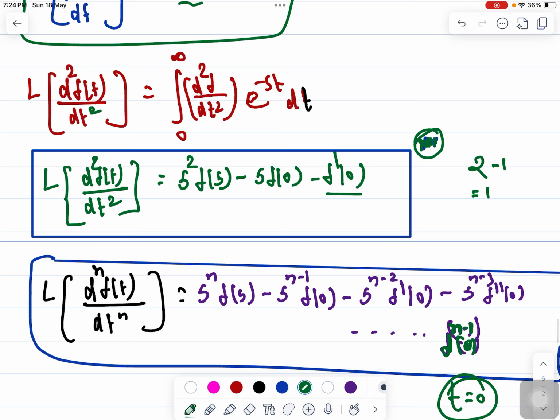We will substitute this value in place of this, and directly calculate the function in terms of F(s) in the s domain. Once we have F(s), we can apply the inverse Laplace and calculate the t domain of the function. At any particular time we can calculate the dynamics of the system, for example temperature, pressure or flow rate, using the Laplace transform.